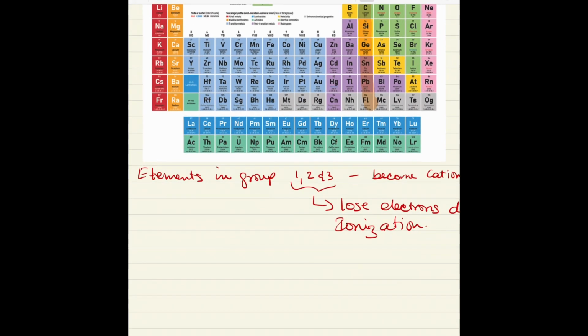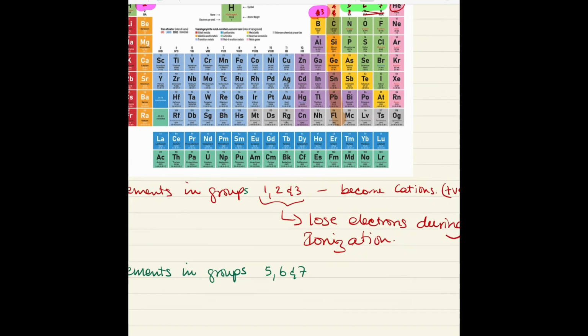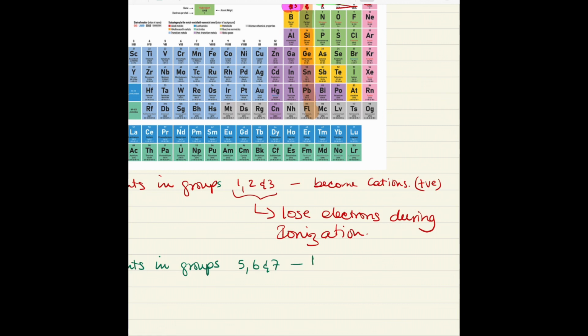So elements in groups 5, 6, and 7 become anions during ionization. That is, they're going to be negatively charged.